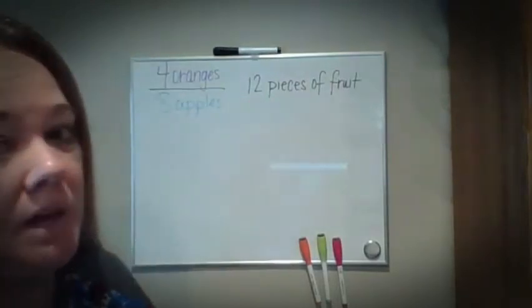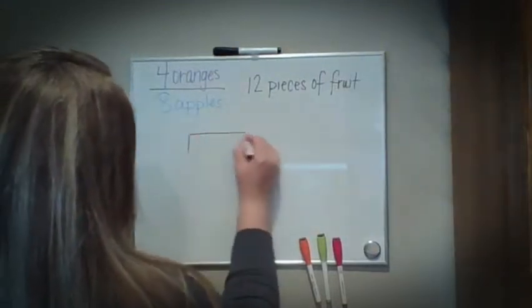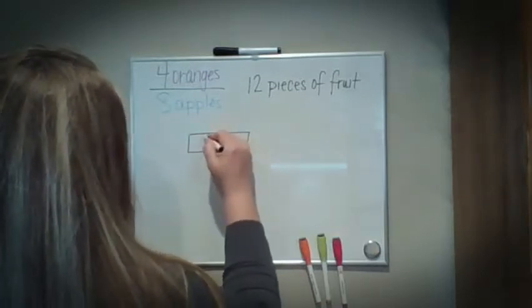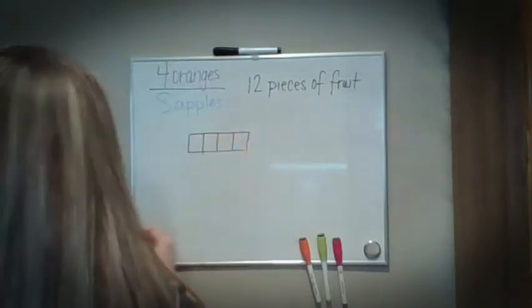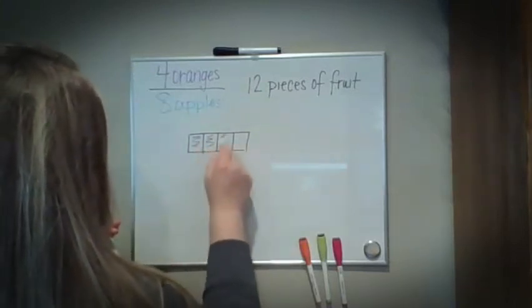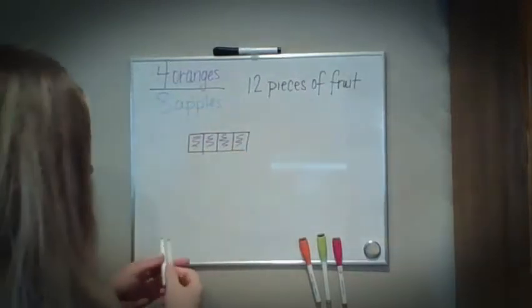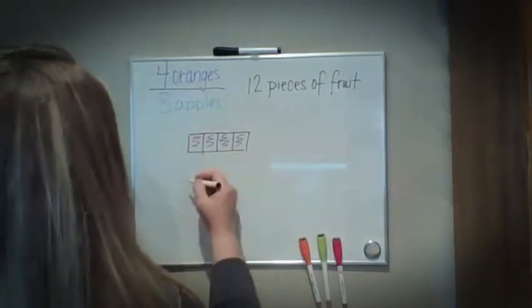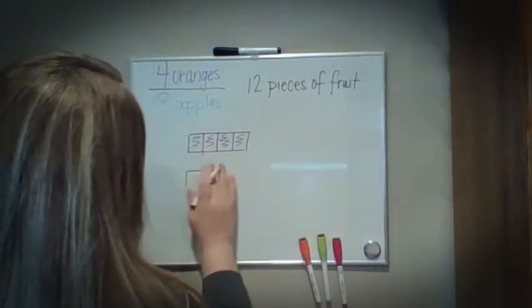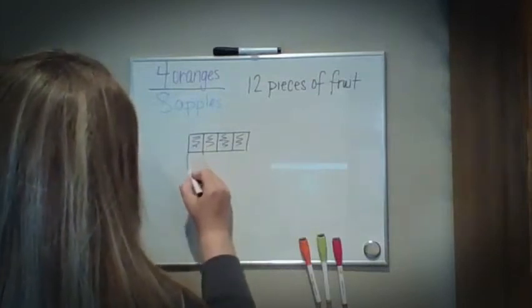So I'm going to start by showing 4 oranges. Remember, if I'm making it into fourths, I need 3 lines. And I'm using purple, so I'm going to say 1, 2, 3, 4. 4 of those. And then I have 8 apples. Actually, for space, I think I'm going to move this up here.